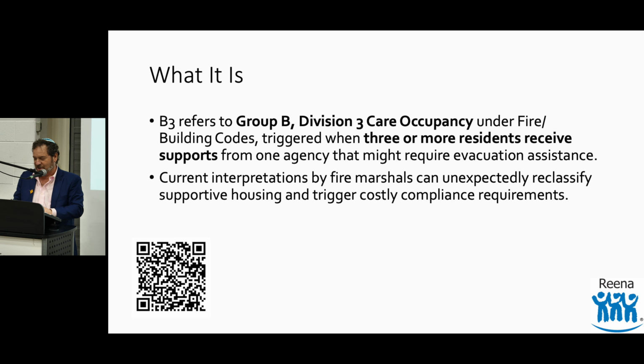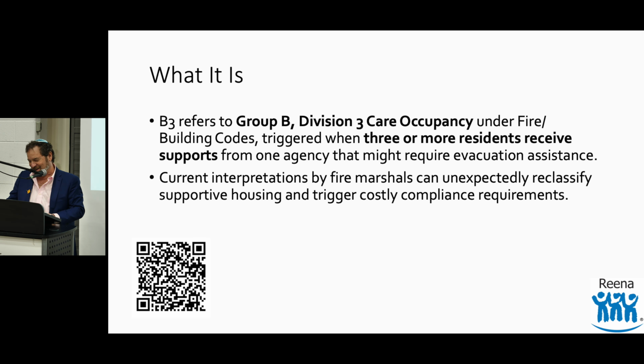I'm not sure how much I'm going to stick to the script here, because I'm not very good at that. But the key thing is you've got to separate the issue of care occupancy from fire code and safety concepts. B3 is a term used in the building code, but there are multiple building codes.